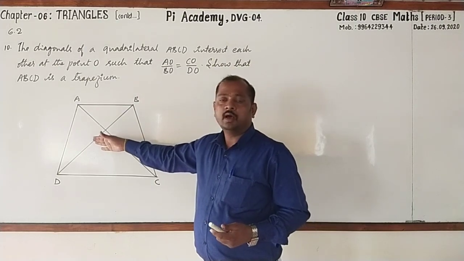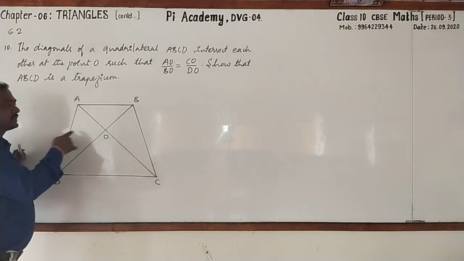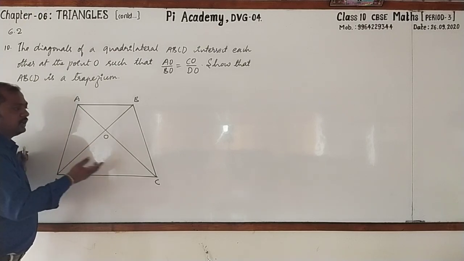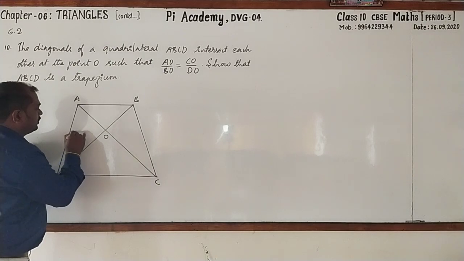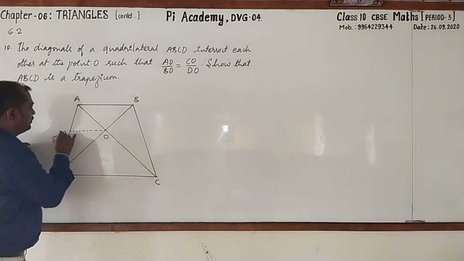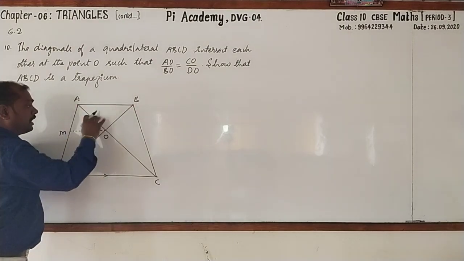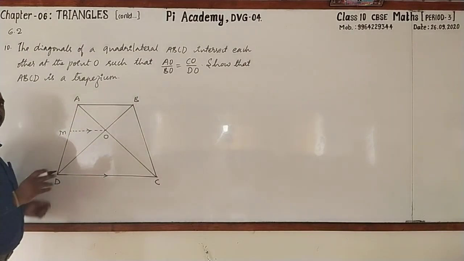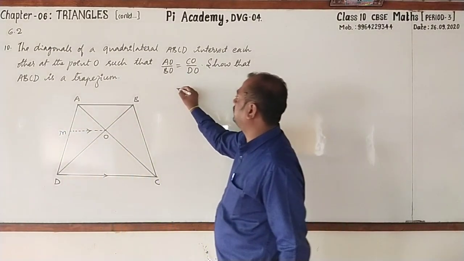Again, to use the ratio, we need to take a line which is parallel to a side. Hence, I go for drawing MO parallel to either AB or DC. Anyone can be taken. Here we have taken DC. Yes, start writing with me.